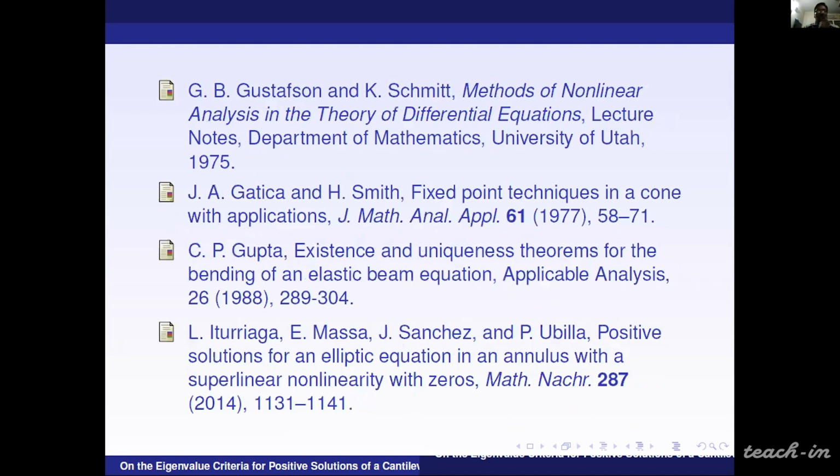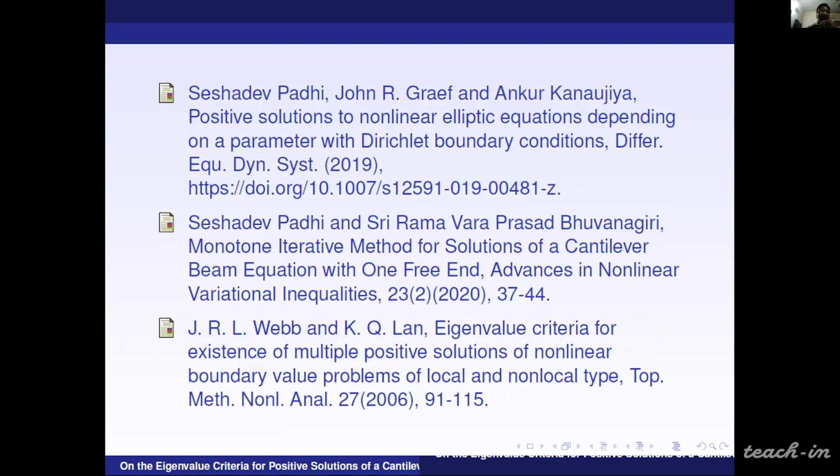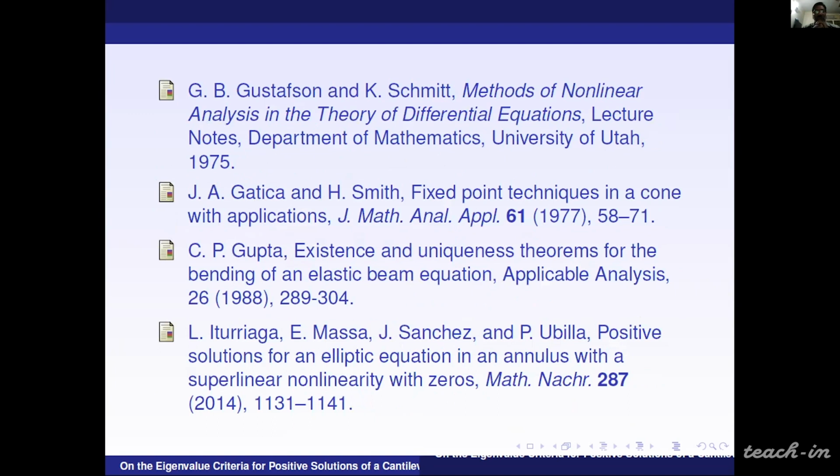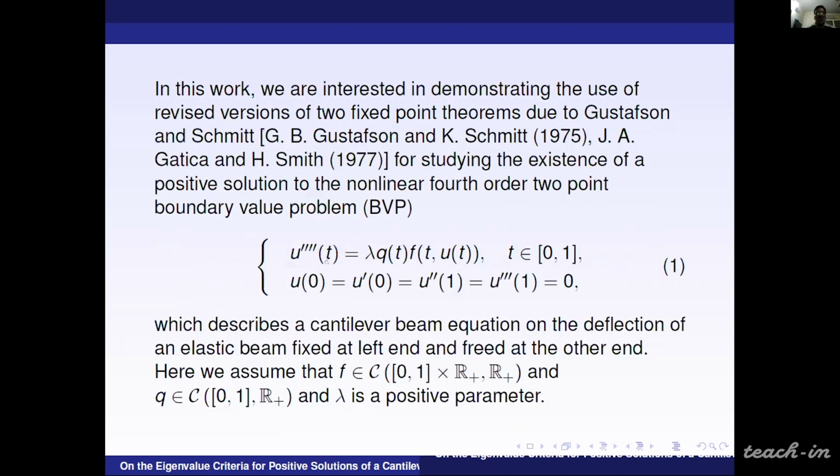So, what we have done, we have demonstrated here the results of the papers of Gustafsson and the next by Gatica, to obtain positive solutions of the fourth order 2-point boundary value problem u''''(t) = lambda q(t) f(u(t)), the interval is 0 to 1, and u(0) = 0, u'(0) = 0, u''(1) = 0, and u'''(1) = 0.